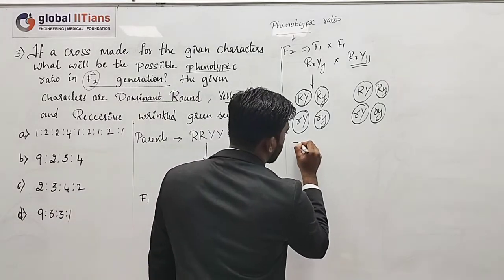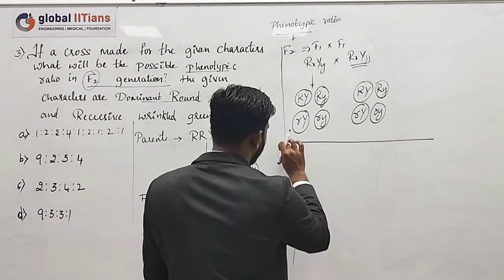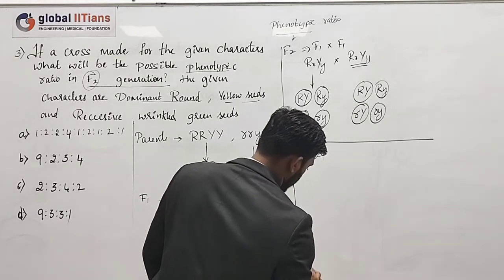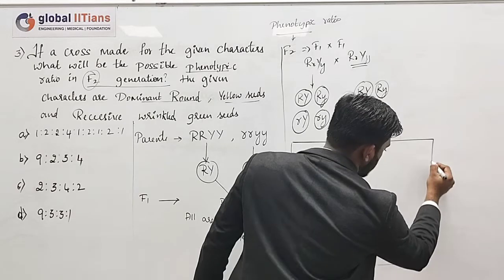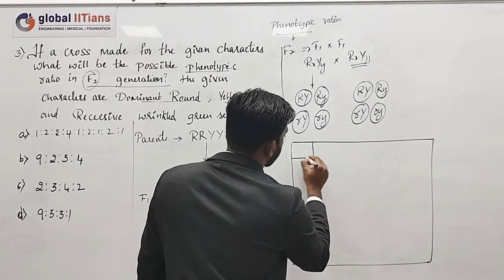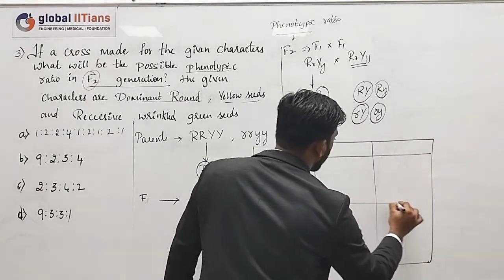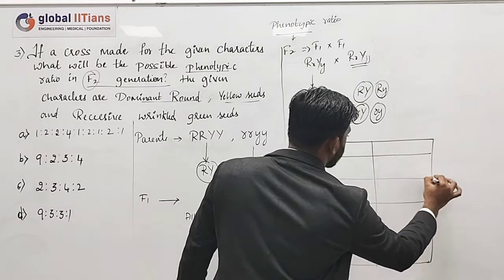So the Punnett square will be like this. Here we'll write the gametes. This checkerboard is also called a Punnett square. Now we'll write the gametes of both parents on each side.